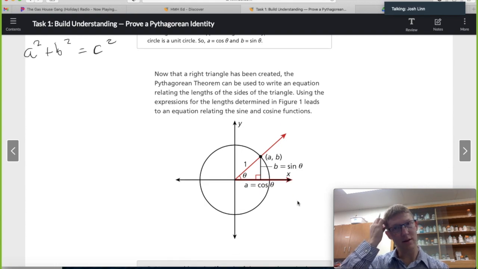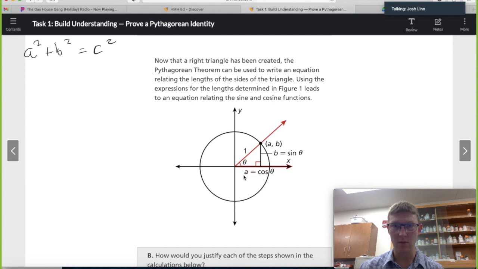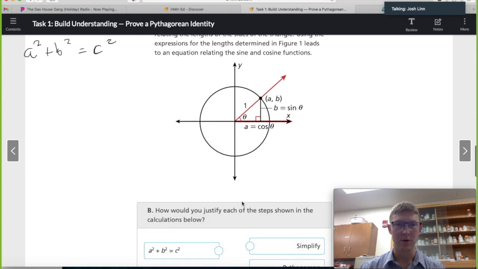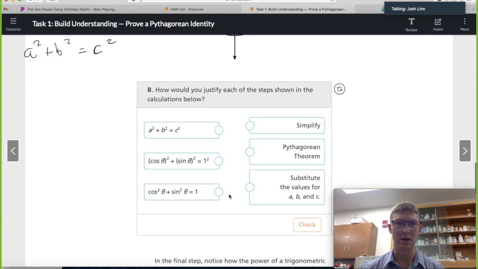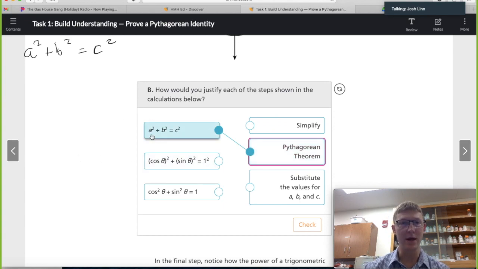Now that the right triangle has been created, the Pythagorean theorem can be used to write an equation relating the lengths of the sides. So we can take a squared plus b squared equals c squared. That's just the Pythagorean theorem. We can replace a and b with cosine theta and sine of theta, and then c is going to be 1 squared.